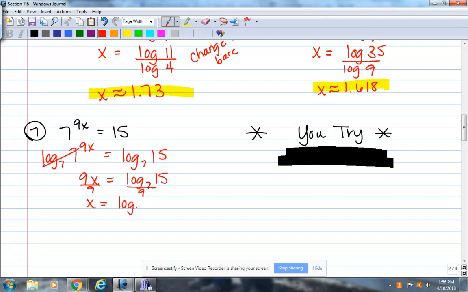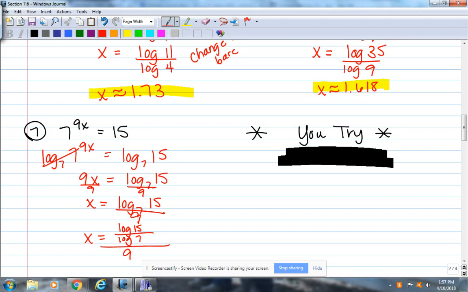So log base 7 of 15 divided by 9 will get us our answer. But log base 7 of 15, I've got to change the base, don't I? Log 15 divided by log 7, and then divide it by 9.